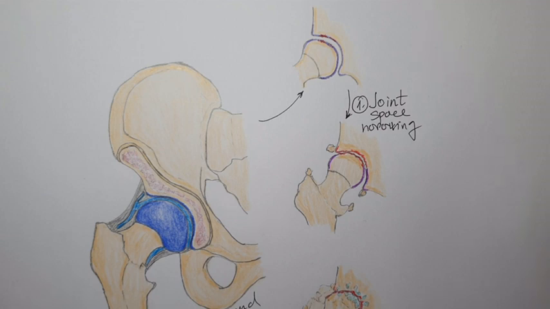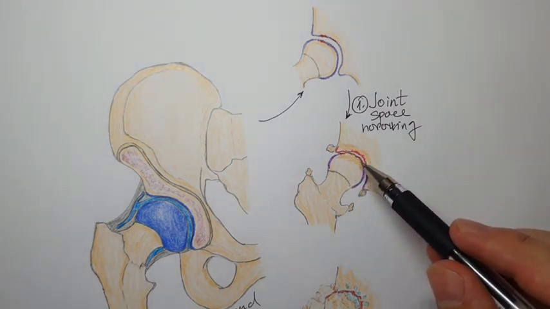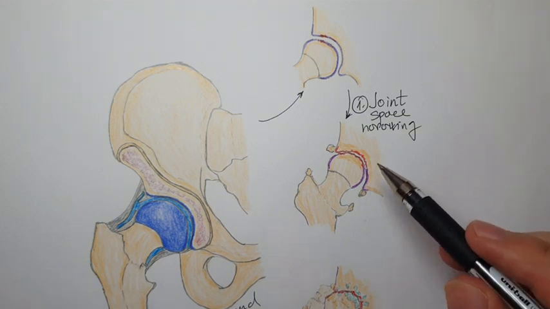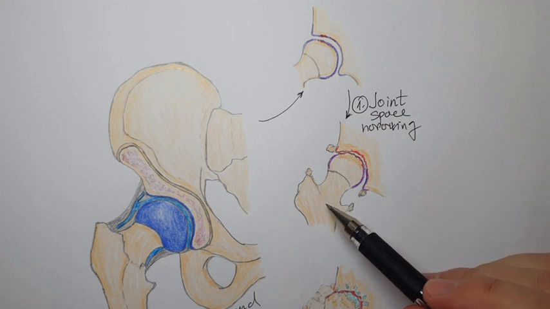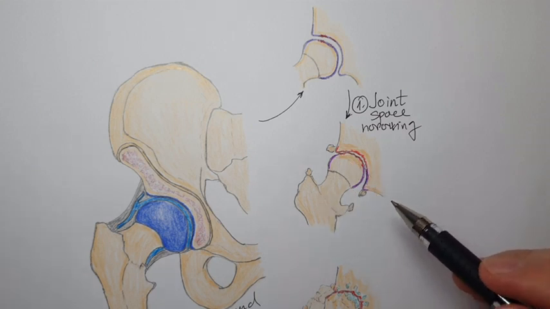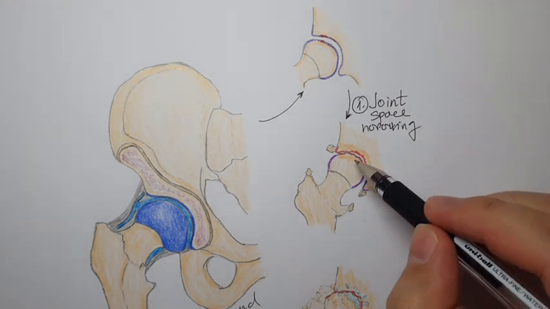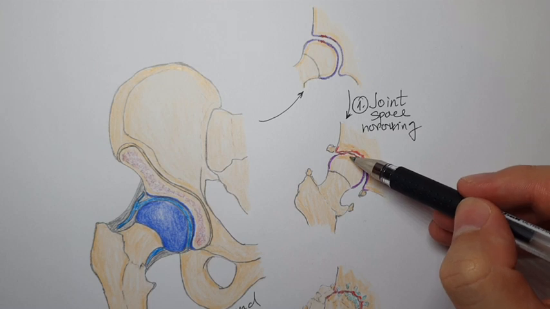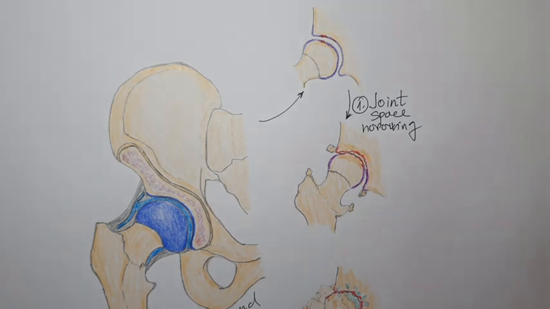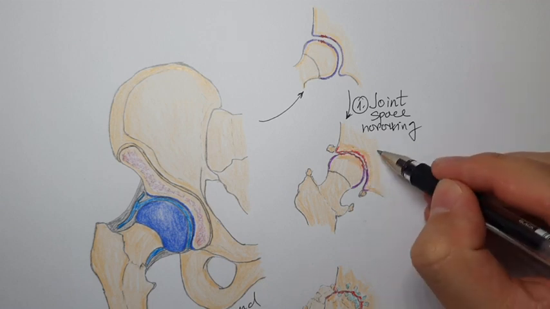Also, when there is damage to cartilage, the joint loses a part of its stability. Because of loss of stability, the joint tries to adjust. First, cartilage is destroyed, bone is rubbing bone, and this process is creating dense subchondral bone.